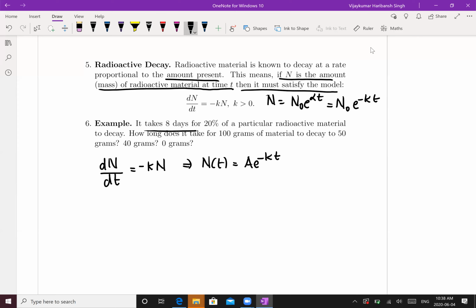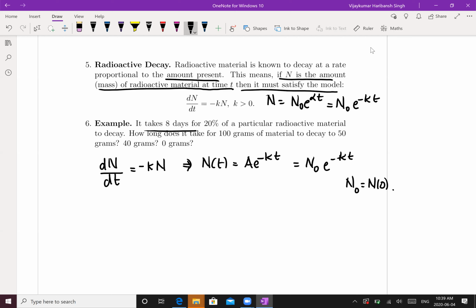You can think of it as n0 e to the power minus kt, where n0 is the amount present at time t equals 0. All right, so this is a solution.